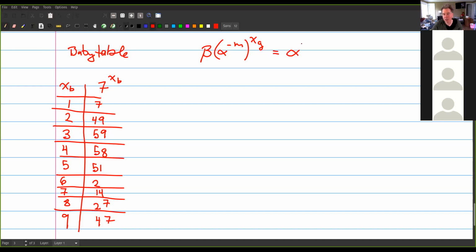So here we have alpha to the xb. And so we just made a table of alpha to the xb. That's what the baby table is. And now we need to start evaluating these and then try to find a match in the table. So we already computed beta in this example is equal to 17. And it turns out that alpha to the minus m, how do we do that?